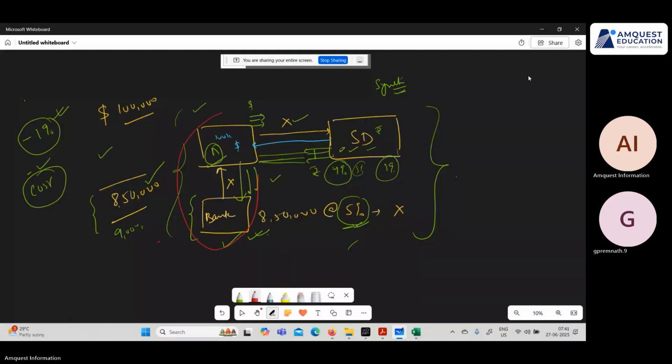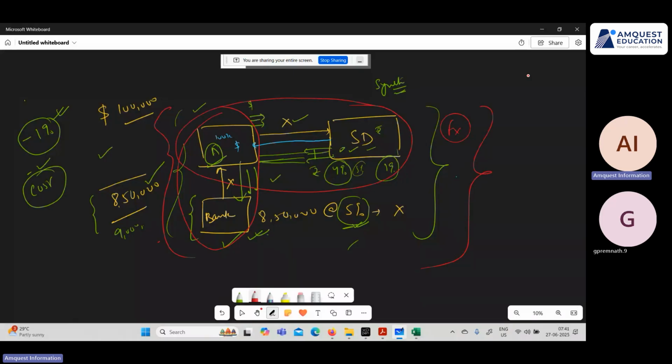And then I'm also looking at FX rate involvement as well. That's the max that you could ever get in the exam. You will not get any question beyond that.